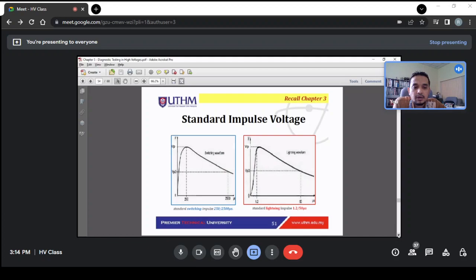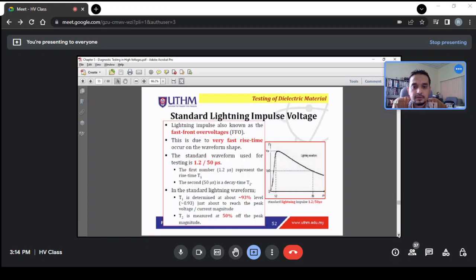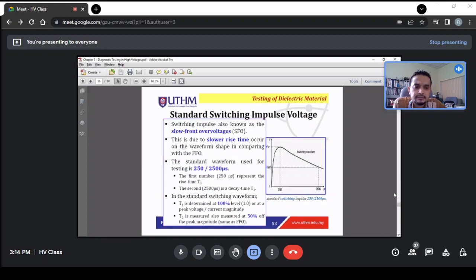So these are some of the important differences between lightning and switching impulse waveforms. I won't repeat this, you can read what I mentioned. Again, you can read the details on the tolerance here, 50%, 100%, by yourself.